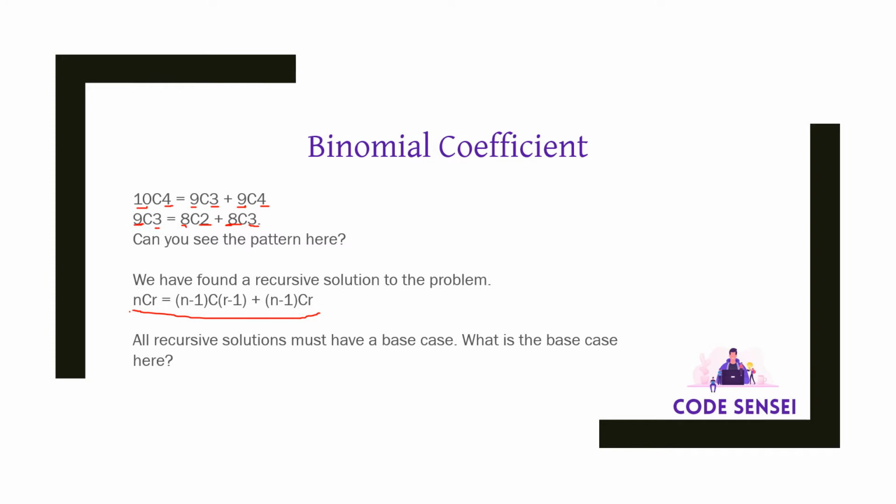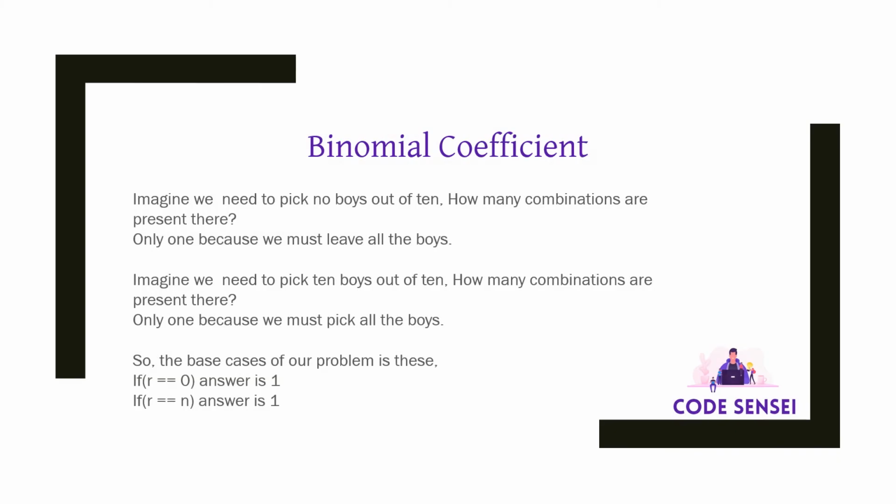But when will this recursion end? All recursive solutions must have a base case, right? So what is the base case here? Imagine we need to pick no boys out of 10. How many combinations are present there? Only one, because we leave all the boys. And imagine we need to pick 10 boys out of 10.